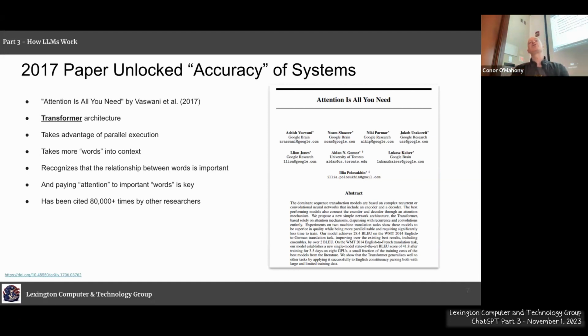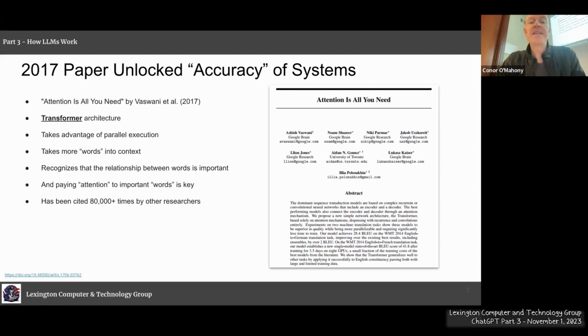A few things that I'll just call out on why this was pretty groundbreaking. One was the way in which it can take advantage of parallel execution. It takes advantage of parallel execution in ways that a lot of systems like this have not been able to in the past. Because of that, it allowed for certain breakthroughs in scale.